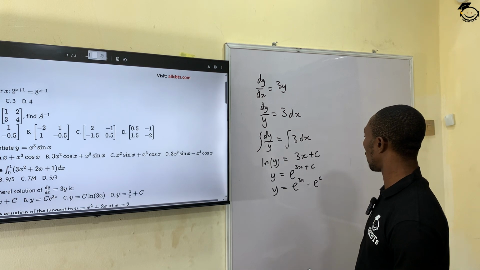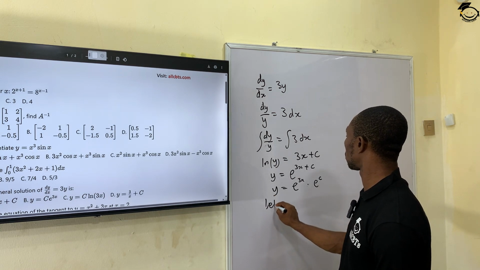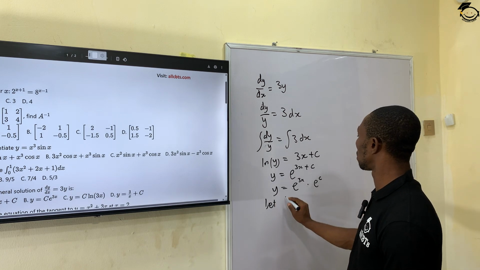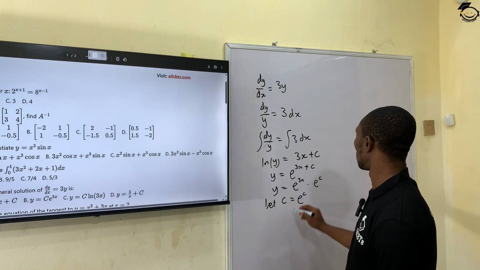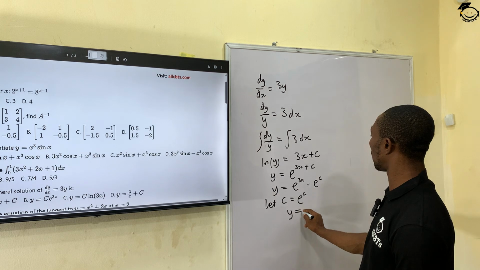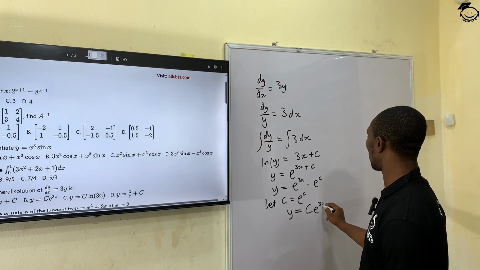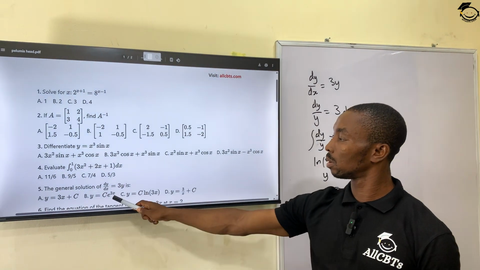So from here, we can now say let c equal e raised to the power c. To replace this, our y would now give us c times e raised to the power 3x, which is our option B.